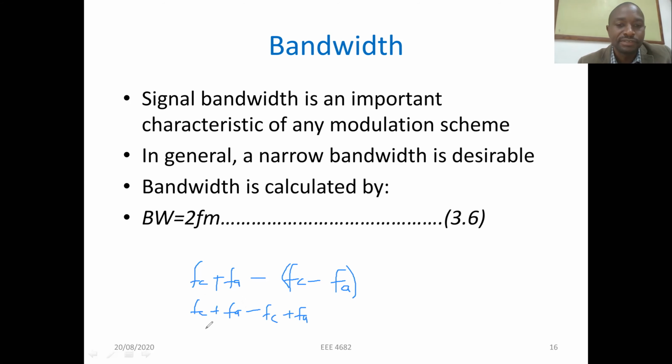Then simplifying this further, this will subtract with that, and then you're going to have FA as the bandwidth. So in some books, FA is usually denoted as FM. So the bandwidth will basically be equal to FM. That is basically what we have here in calculating your bandwidth.